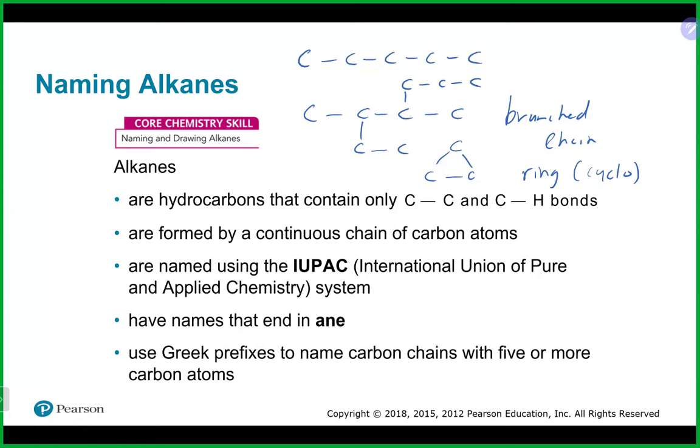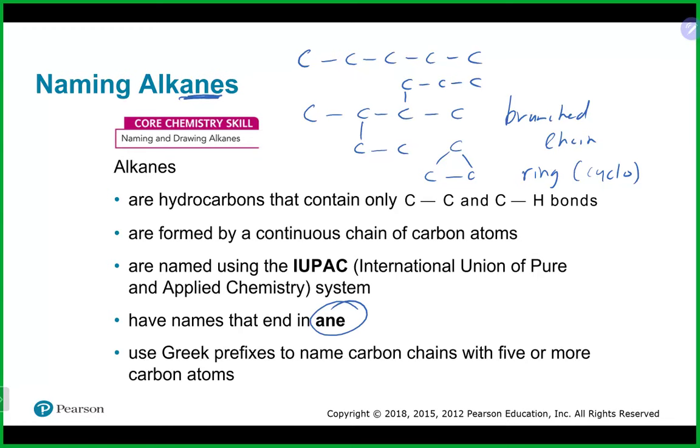So with alkanes, they end in -ANE, and that is essentially how alkanes are named, like methane, propane, butane, ethane. They all end in -ANE. That's how you know they're alkanes.